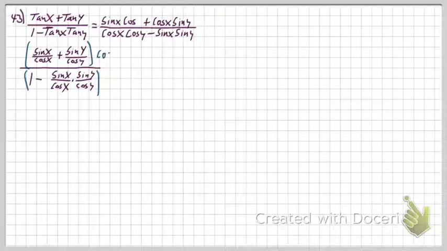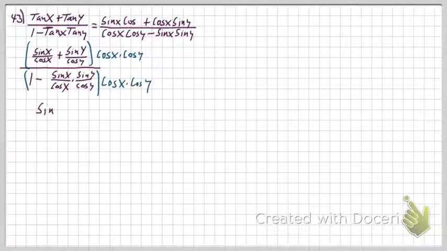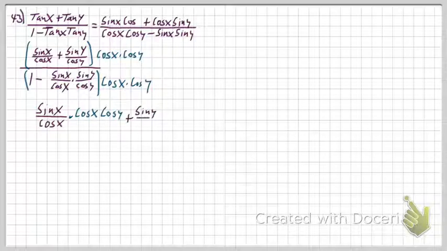All right, so what I'm going to do here is clear the denominator on both the top and the bottom by multiplying through by cosine x times cosine y. So every term on the top gets multiplied by cosine x, cosine y.